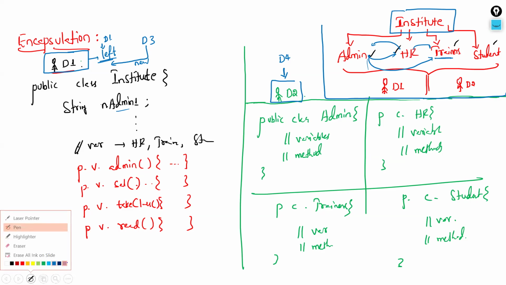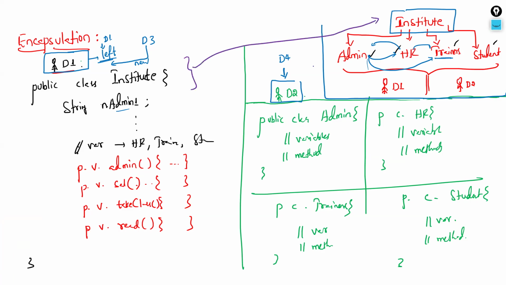Next reason. Developer one's application is given to this institute. Whenever the institute uses the application, one fine day they find some error, some bug in the application. It is not working the way they expect.